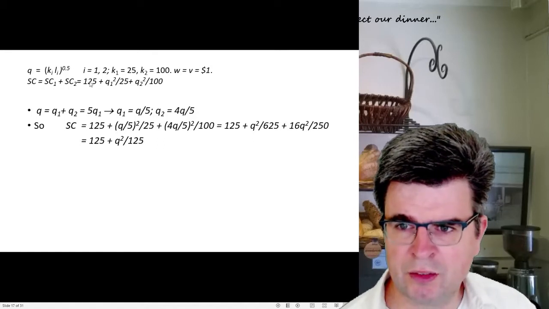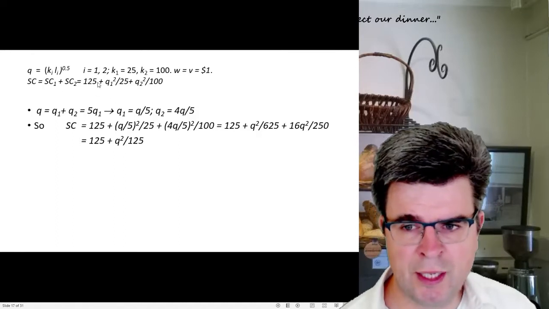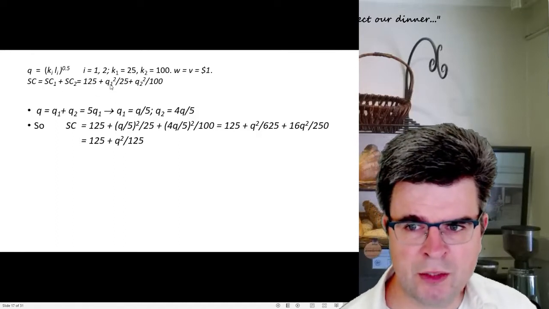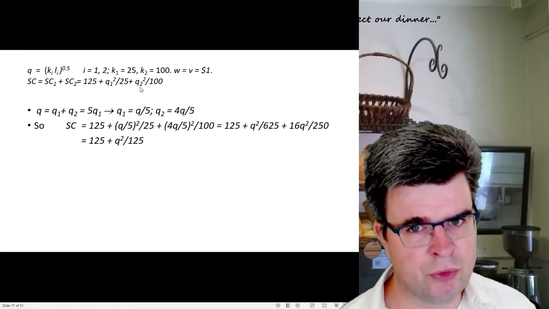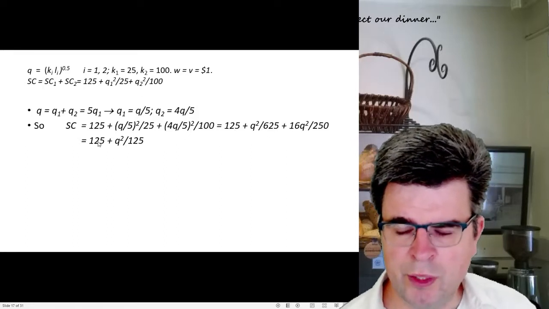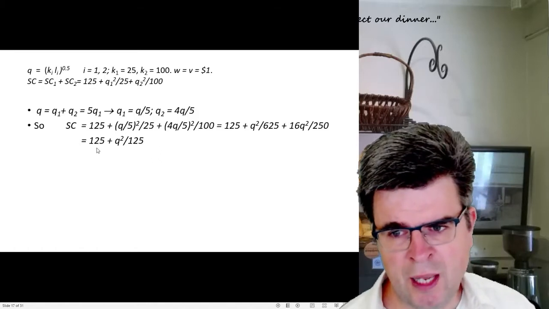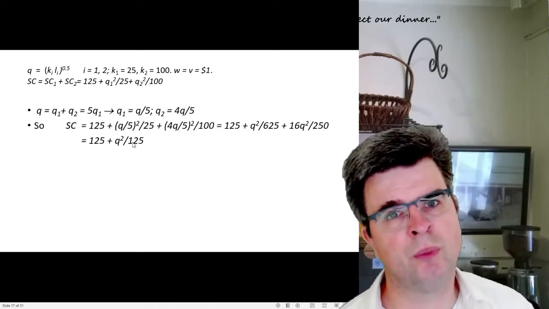And this information we use to derive our short-term cost function, because now we can replace that over here. So we already had the short-term cost function, and that was the expression that we derived in question A. And now we simply insert these equations for Q1 and Q2 over here. So doing that and then simplifying, we arrive at a short-term cost function equal to 125 plus Q squared over 125.